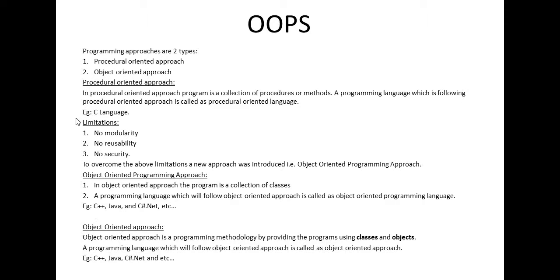Here we can see, first, programming approaches are of two types: one is procedural oriented approach and the other is object oriented approach. Programming approaches means whenever we are working on a project and writing a program, we need to follow one of two approaches, whether you realize it or not.